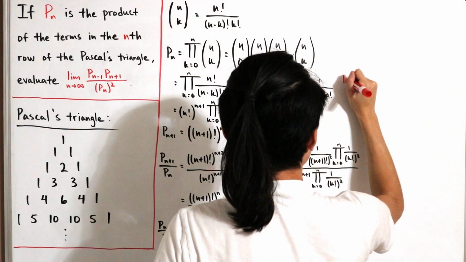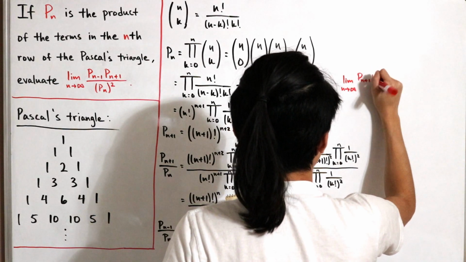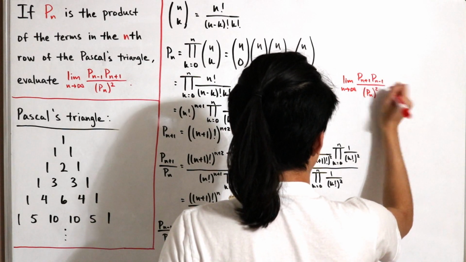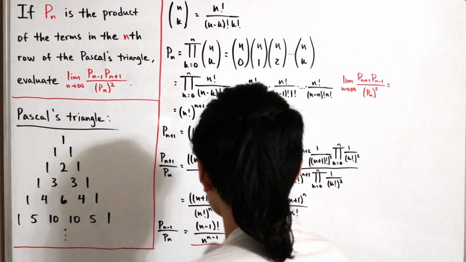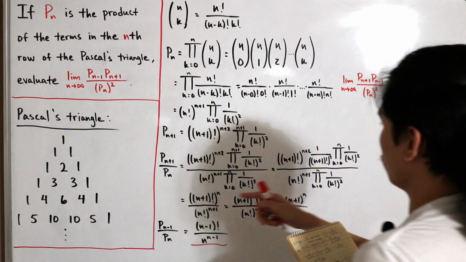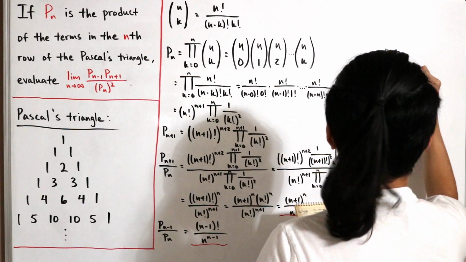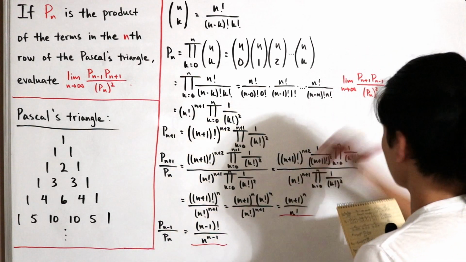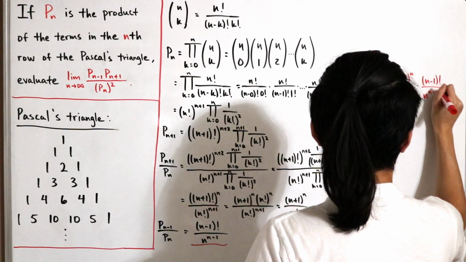So now the limit as n approaches infinity of p sub n plus 1 times p sub n minus 1 divided by p sub n squared, okay? So when we do this, let's actually just combine these two terms, one here, and the other one over here. So that would be n plus 1 to the power n, then divided by n factorial, multiplied with n minus 1 factorial, then divided by n to the power n minus 1.